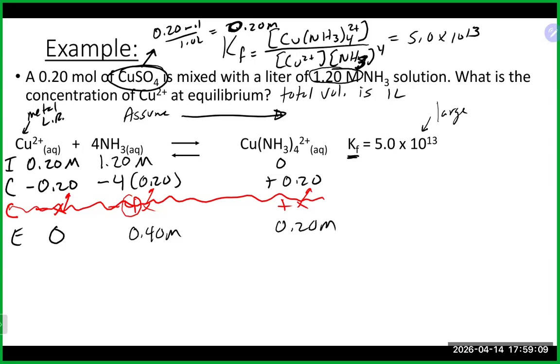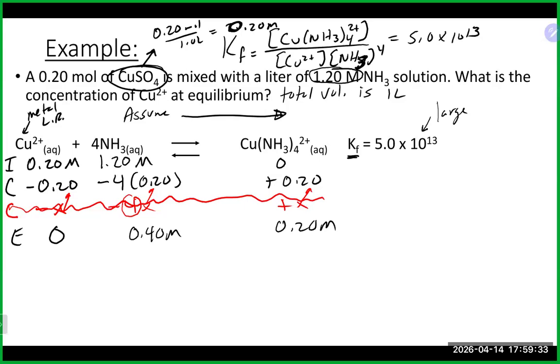So the first assumption that we make in these types of problems is that the metal should typically get used up completely, because we're going to have the reaction go all the way, almost in one direction to the right. Now, you may be thinking to yourself, well, isn't the question how much copper 2 do we have at equilibrium? And if that's always the case, shouldn't the answer always be 0?